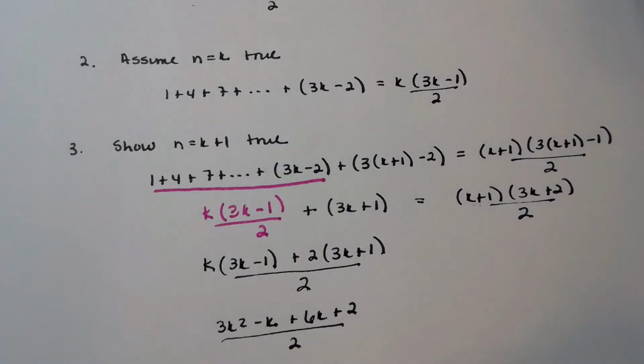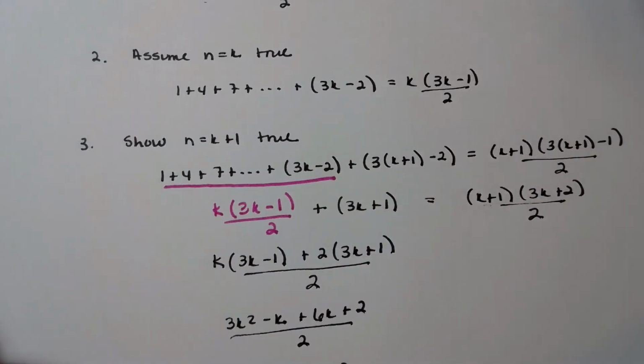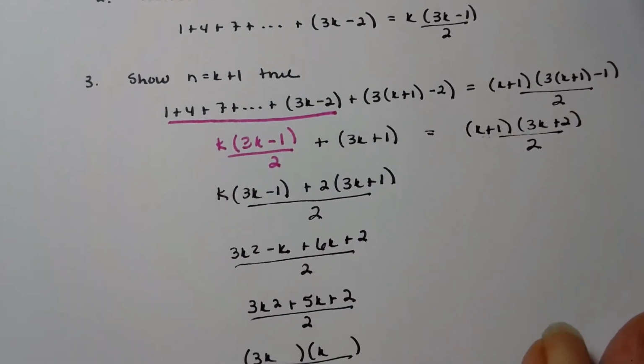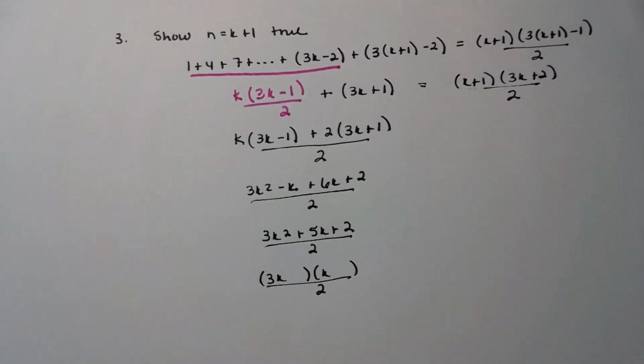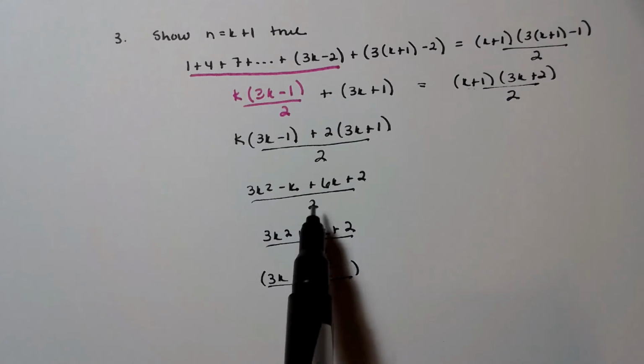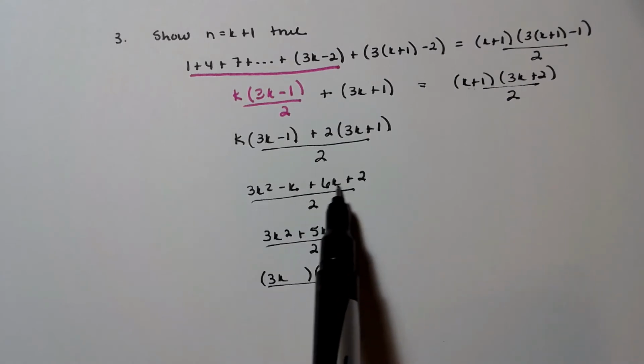And I think this is factorable to 3k. If I put the 2 here, that's going to give me a, oops, I'm sorry. Okay, so sorry, but I combined here.